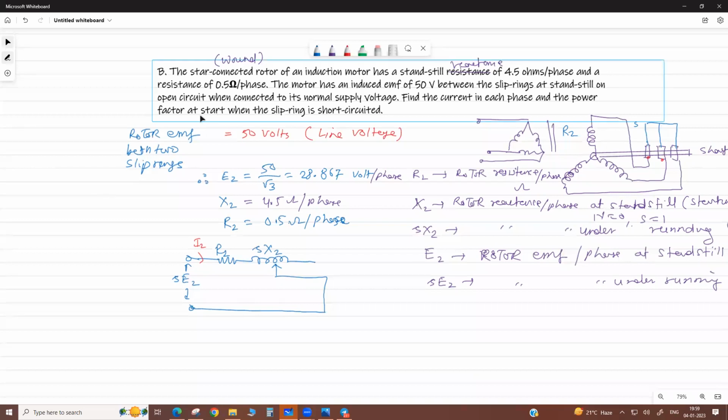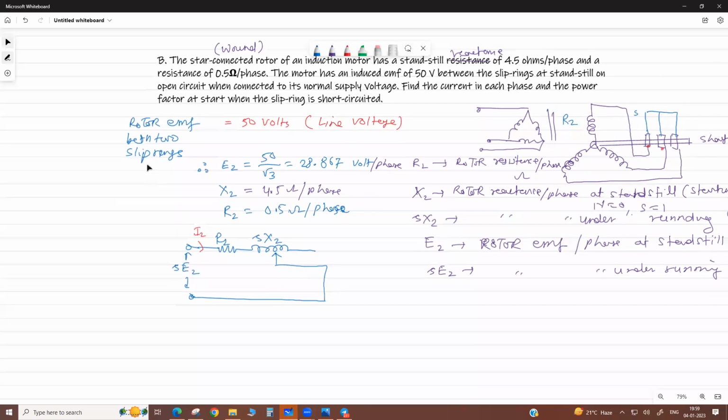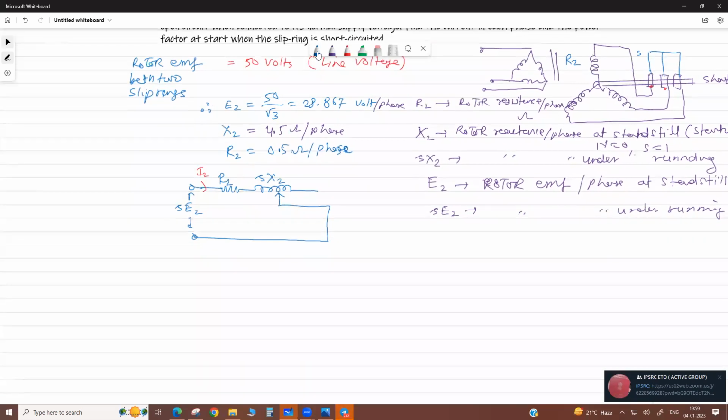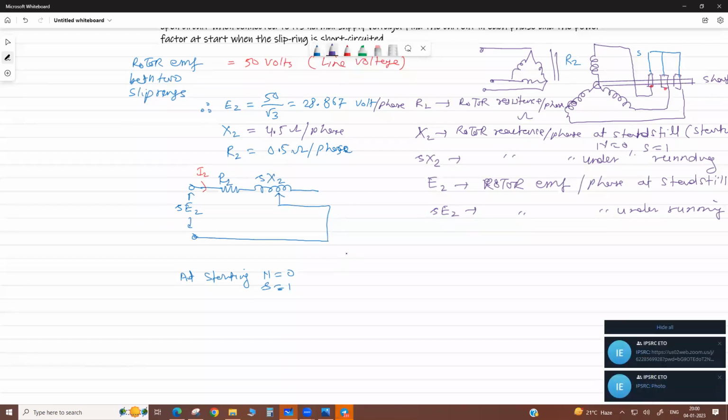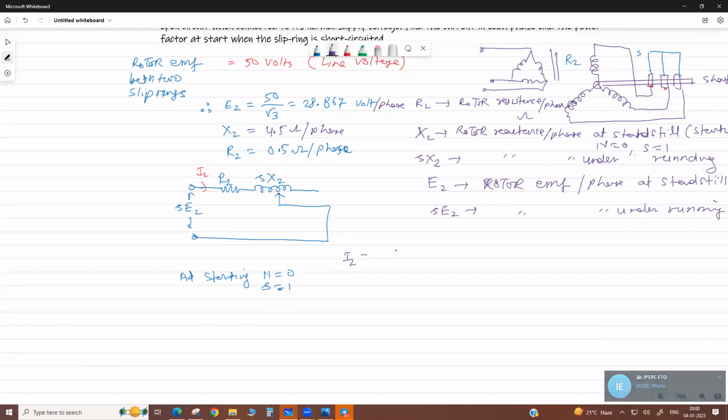At starting, N equals 0 and slip is 1. Then the rotor current per phase is E2 divided by impedance.